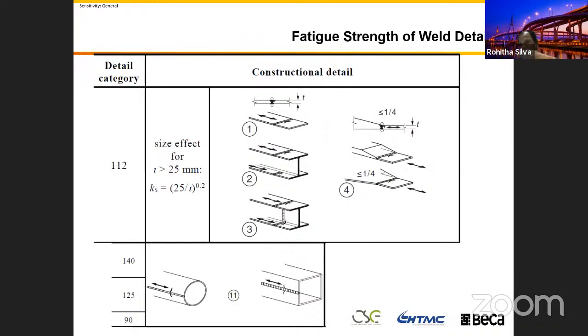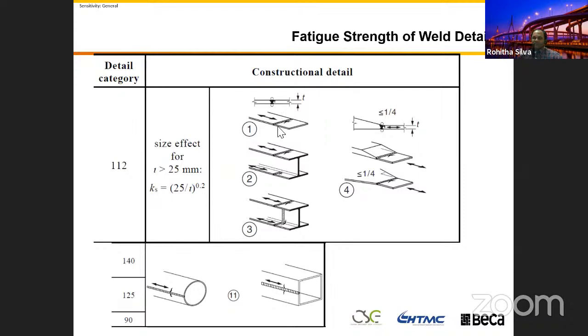For example, the tensile stress in your bottom flange due to the traffic load should be less than 112 MPa. Does it make sense? Because with a simply supported beam, the bottom flange will get tension and the top will get compression.